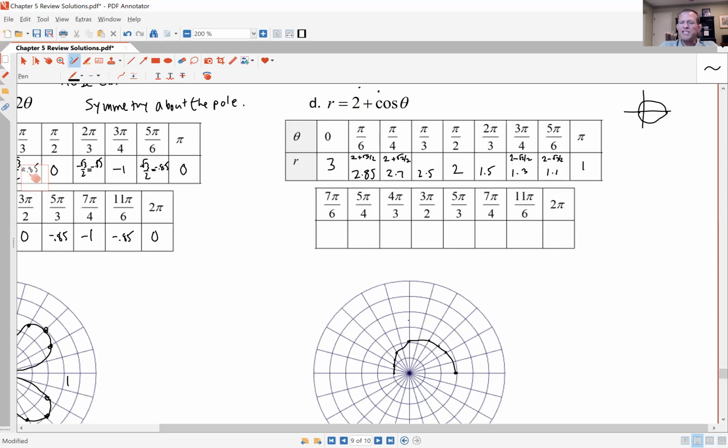And so at this point, changing theta to negative theta, the graph would stay the same. So we have symmetry about the polar axis. So that just means that all of these points are going to repeat. 7 pi over 6 is going to be 1.1, 1.3, 1.5, 2, 2.5, 2.7, 2.85, and 3.